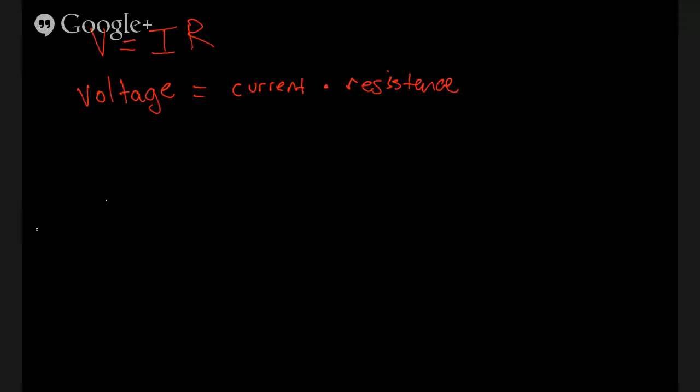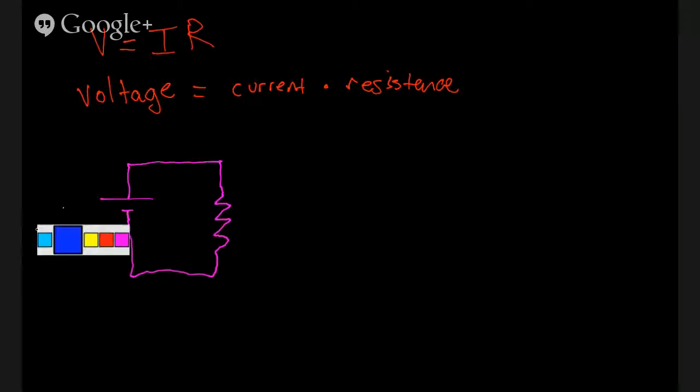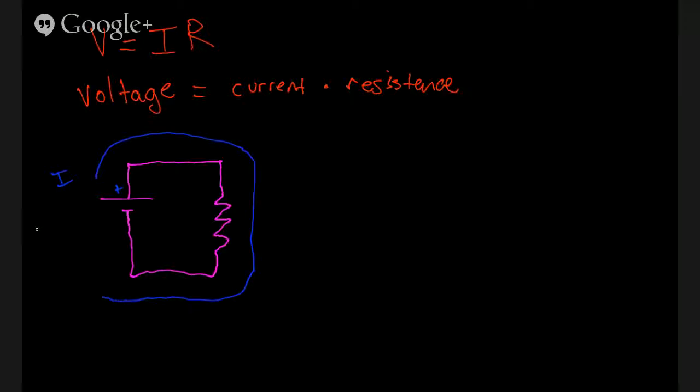So remember that in conventional current, we have a circuit. Let's make you a color here. All right, we remember that the conventional current flows from positive to negative, but the electrons, the negative charge, are really going this way.